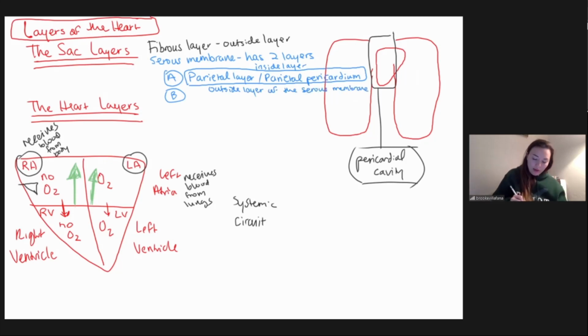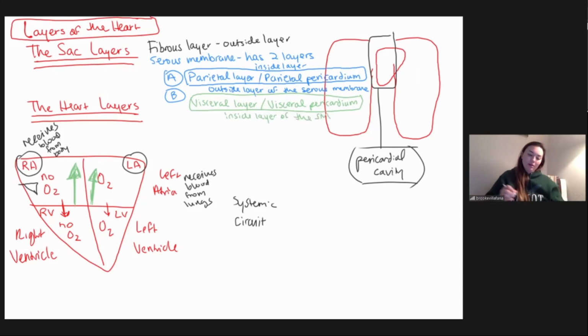And then we have our next layer, which is our visceral layer, or our visceral pericardium, and this would be the inside layer of the serous membrane. I'm going to just write inside layer, and then I'll put SM for serous membrane again.